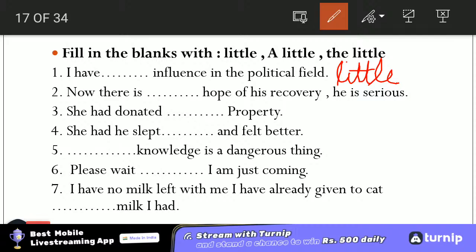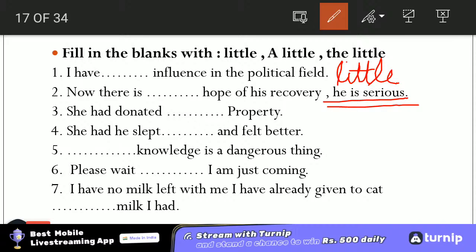Now there is dash hope of his recovery, he is serious. अब उसकी रिकवरी का कोई स्कोप नहीं है क्योंकि वो सीरियस है. What is this word denoting? He is serious, कि उसकी कंडीशन अच्छी नहीं है.